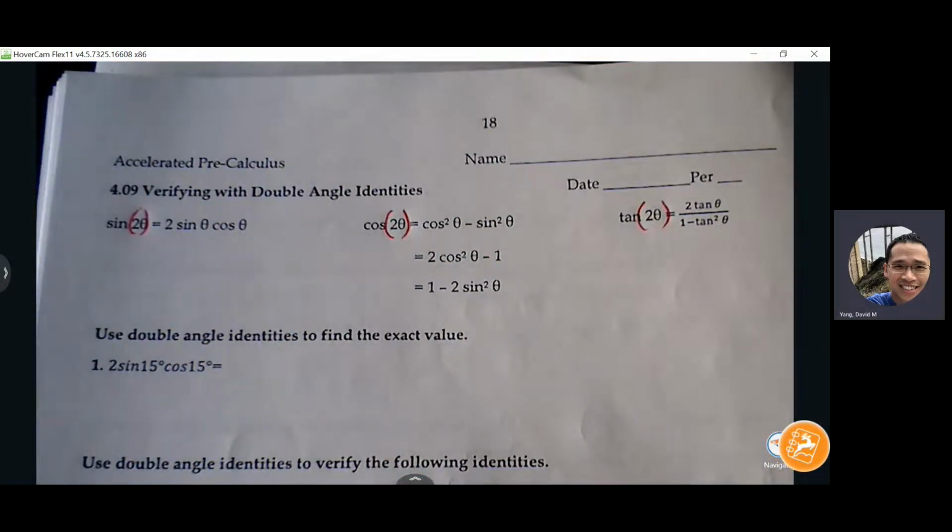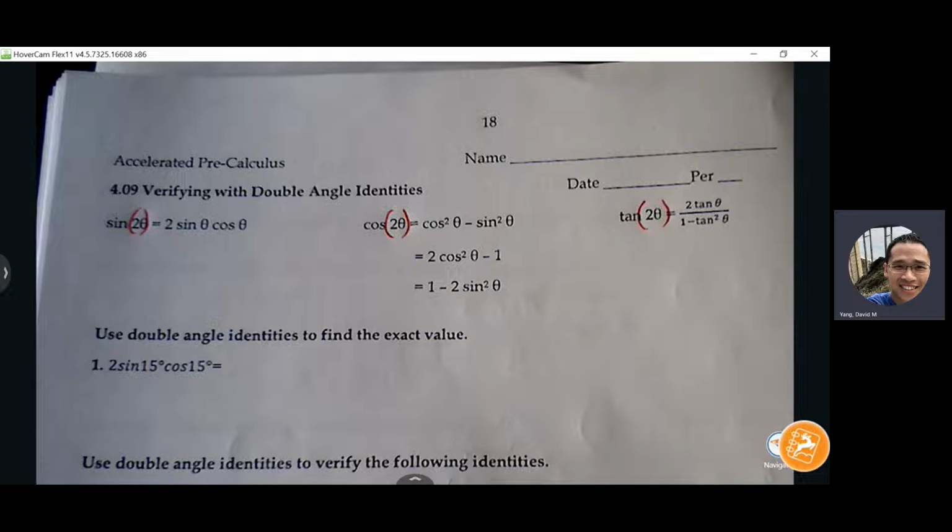So if we can split that double angle inside the trig into just in terms of theta, then we have a much easier time moving and combining things around. So anytime we see a double angle, we want to try to break it down into its theta parts instead of that 2 theta inside the parentheses.